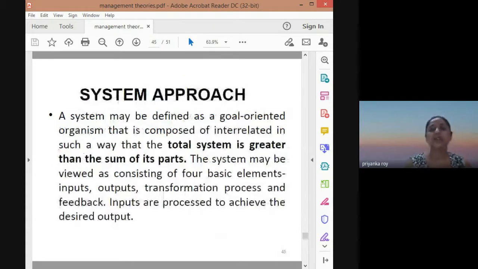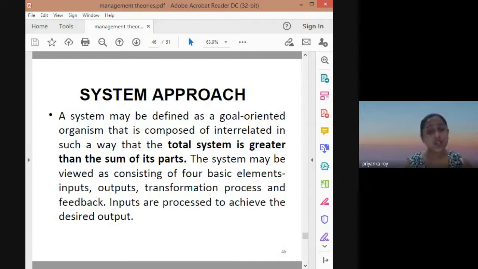The system approach may be defined as a goal-oriented organism that is composed of interrelated parts, in such a way that the total system is greater than the sum of its parts. The system may be viewed as consisting of four basic elements: input, transformation process, output, and feedback.